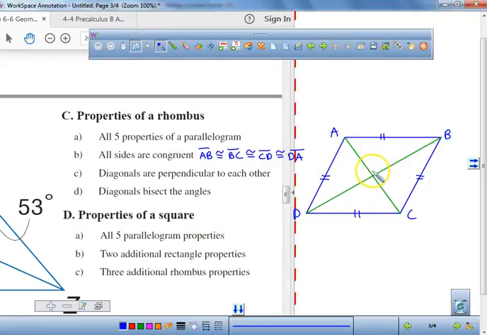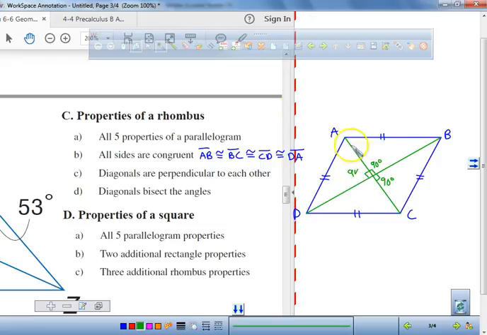So, right here, what I'd like you to do in your journal, even if you didn't draw a perfect rhombus, is label all of these angles right here. Just label them 90 degrees. I know some of your angles don't even look very close to 90 degrees, but at least label them 90 degrees.